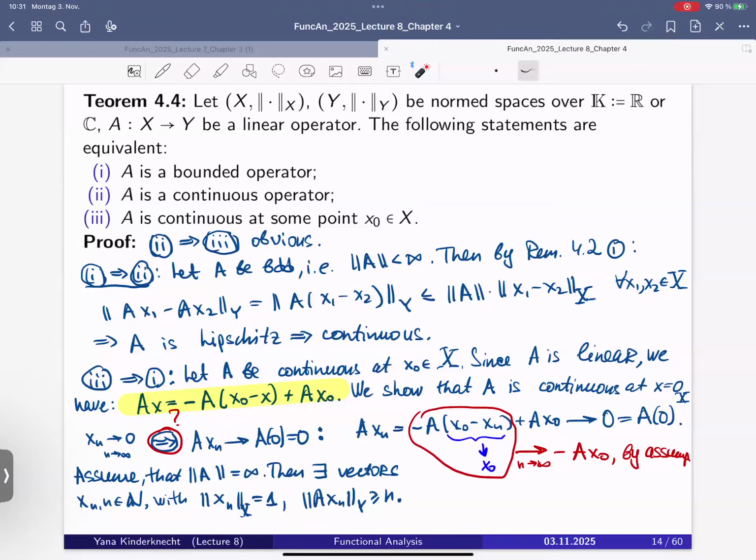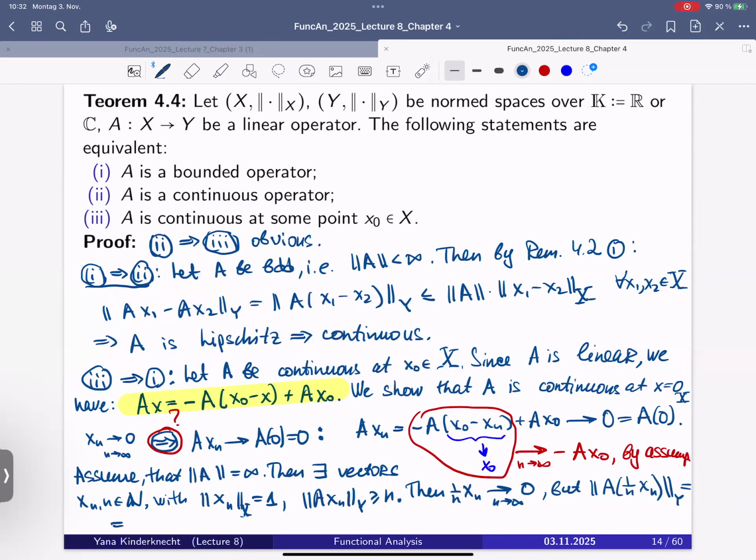Okay, but what do we have then? Then we have that the vectors 1 over n times Xn, this sequence converges to 0. But the norm of A applied to these elements of this sequence, what is it?